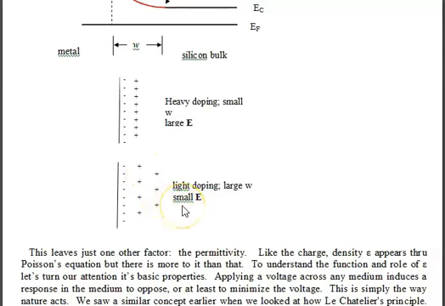So here the electric field is small because I'm cutting fewer lines as I move from left to right. So large electric field is associated with small W's. Small electric field is associated with large W's.